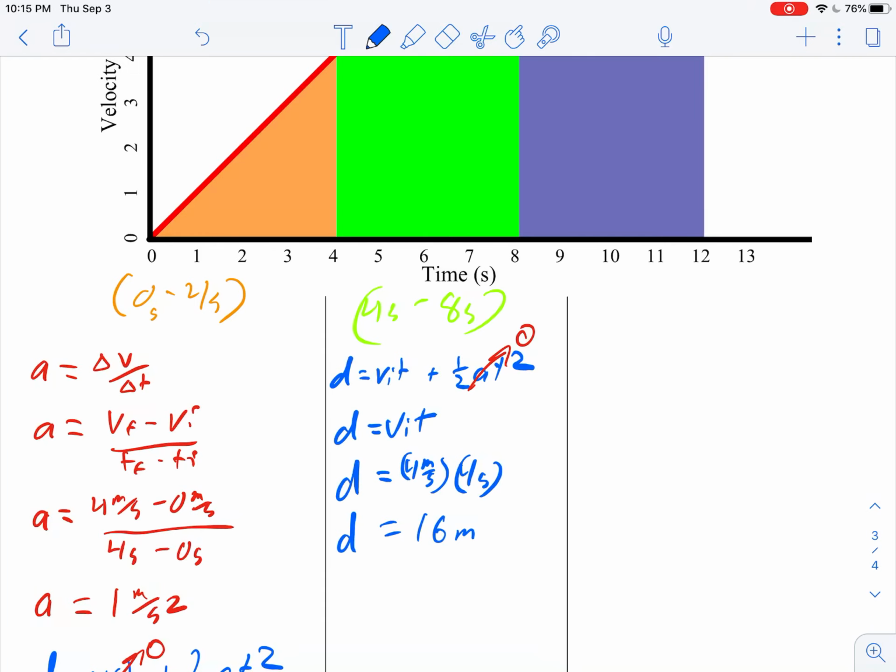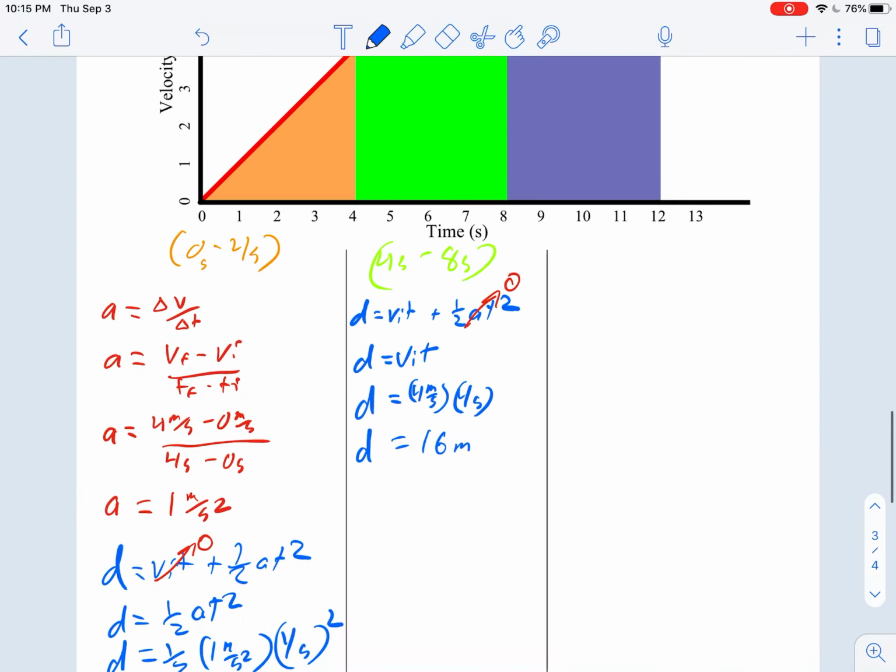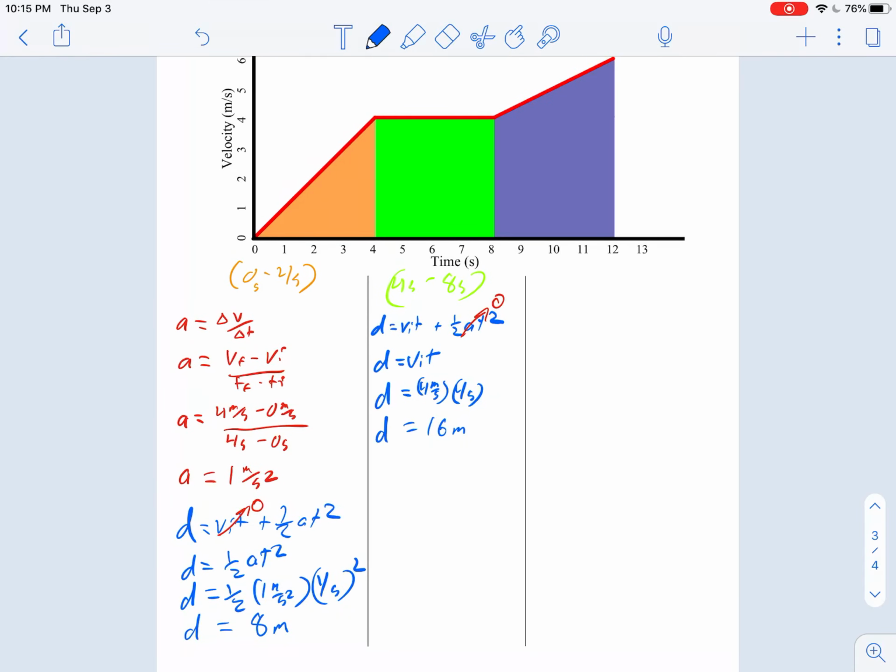Okay, so in the green segment, I've gone an additional 16 meters to the 8 that I traveled in the first segment. And if you think about it, the area under the graph in that orange segment is a triangle, right? And what is a triangle? It's half of a rectangle. Okay, so it's really not so surprising that I've gone twice the distance because the base is the same in both. Each of them has a base of 4 seconds of length.